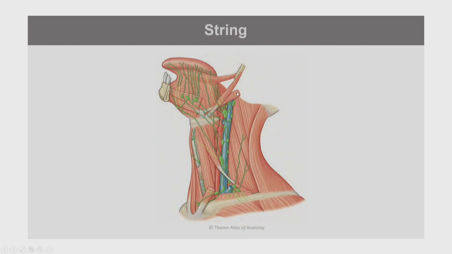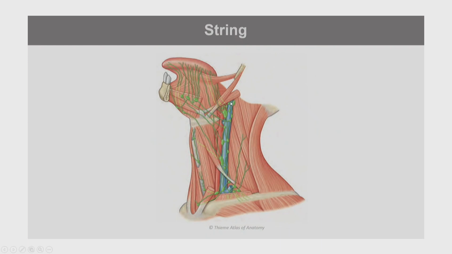They are vertically going, as the chain is going parallel on the different parts of the internal jugular vein, as the lateral deep cervical lymph nodes. Yes? Be careful to name specific lymph nodes, especially.